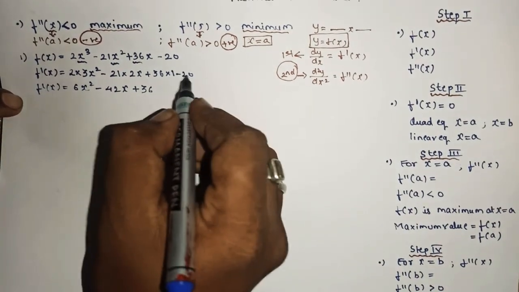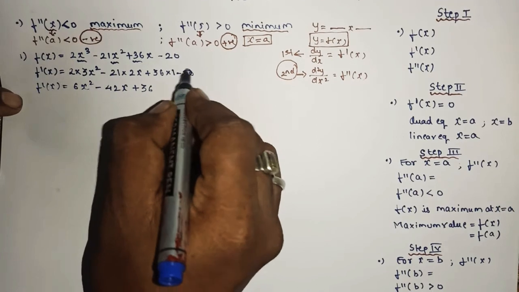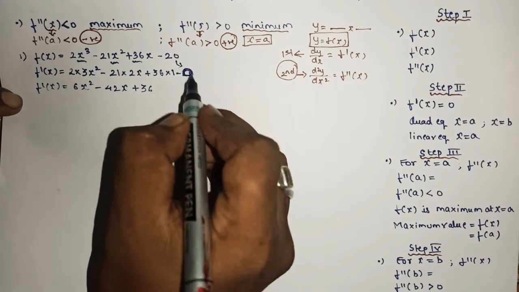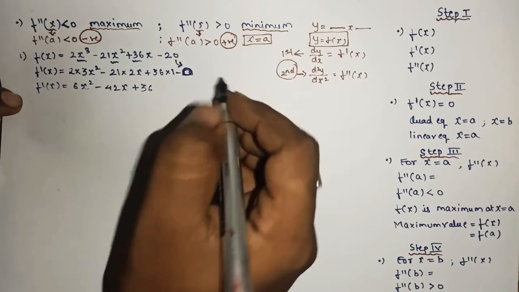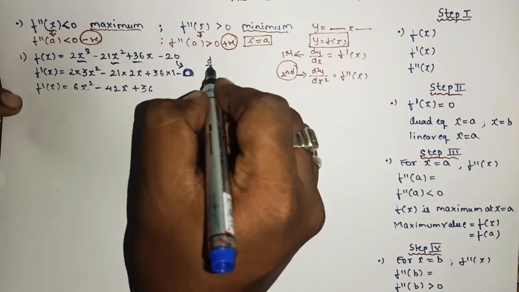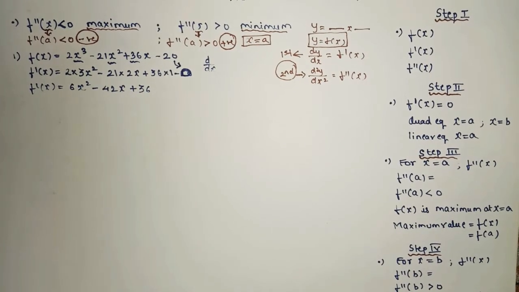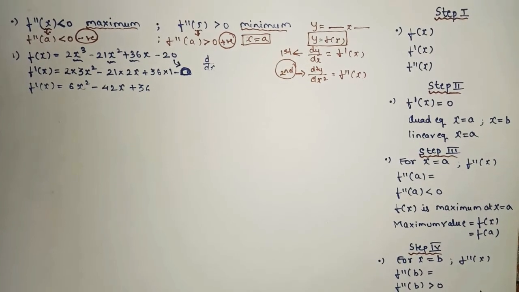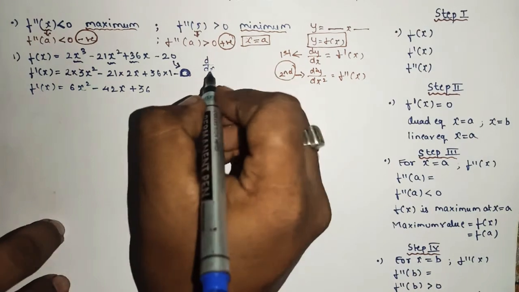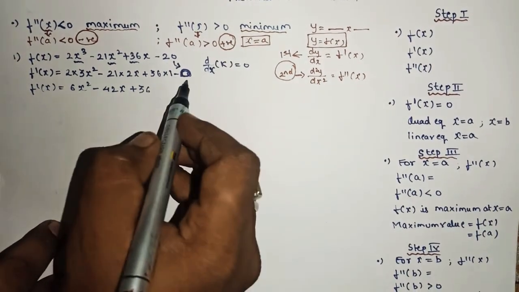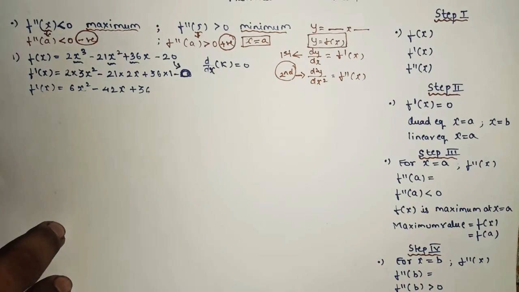Sorry, here the derivative of 20 will be 0. Why will it be 0? Because the derivative of any constant number is 0. So remember, don't write 20, as I wrote here.